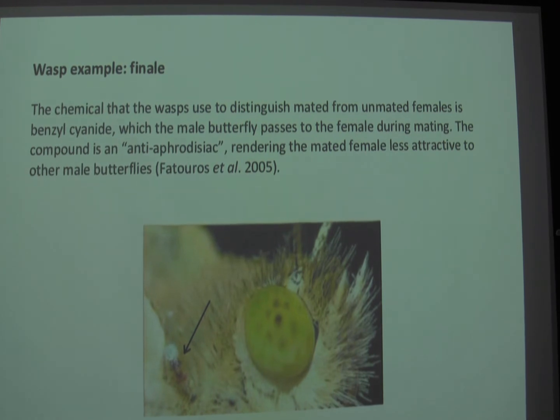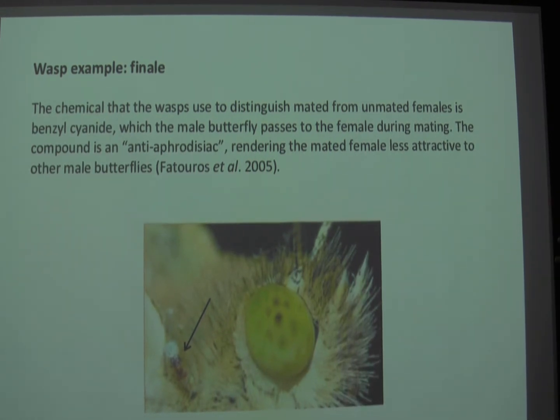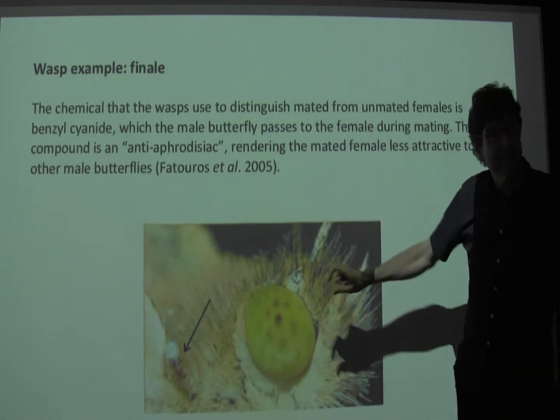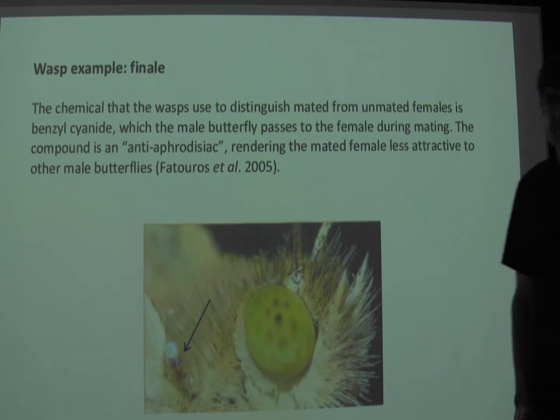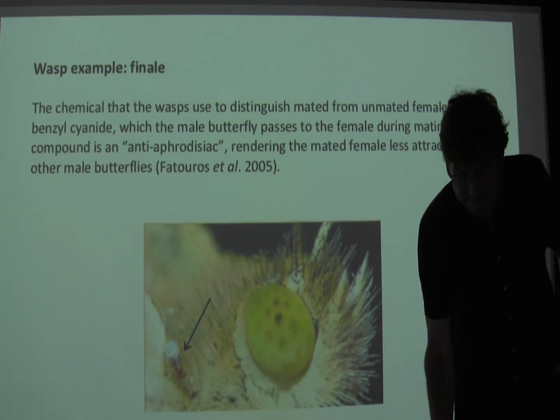So when a male cabbage white butterfly mates with a female, he deposits benzyl cyanide, which makes females smell unattractive. It's thought to be a mechanism by which males prevent future matings by females with which they have mated. And the wasp detects that compound in the female, which is evil.